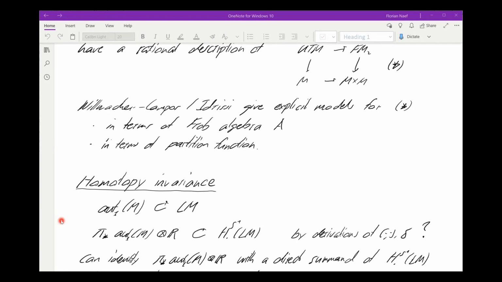That question I cannot directly answer, but maybe a slightly related question is this. Let's not look at just a single homotopy equivalence, but let's look at the monoid of homotopy automorphisms. Those are just self maps of M, and you take the component containing the identity.